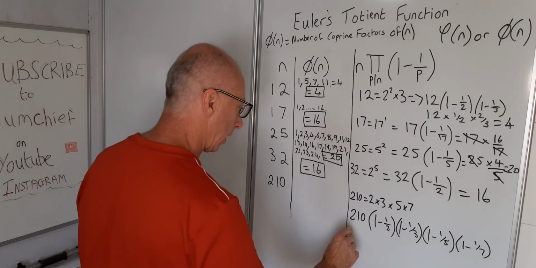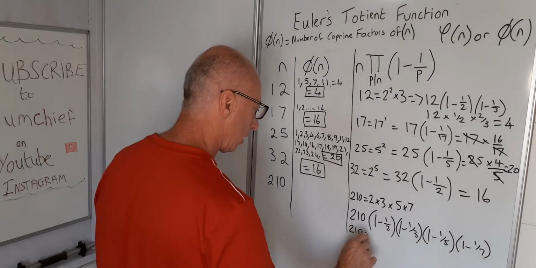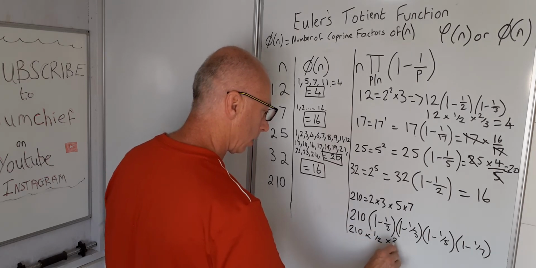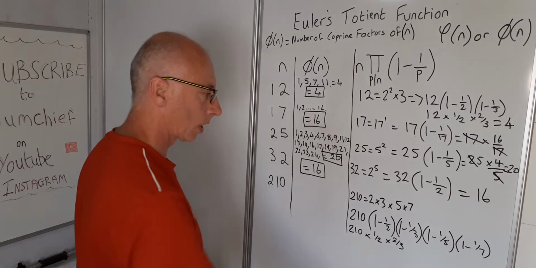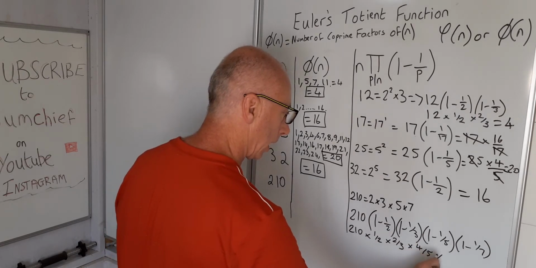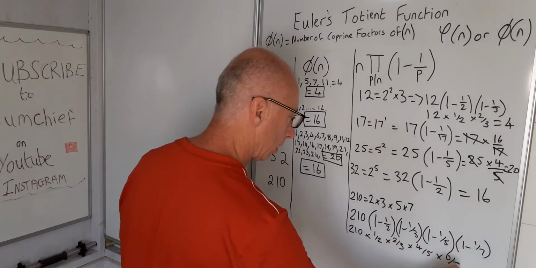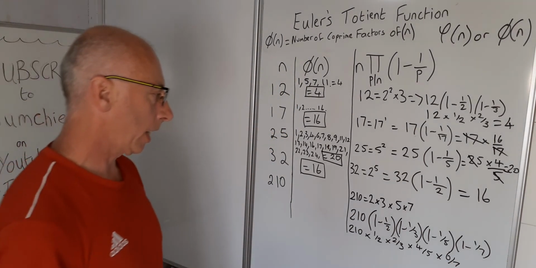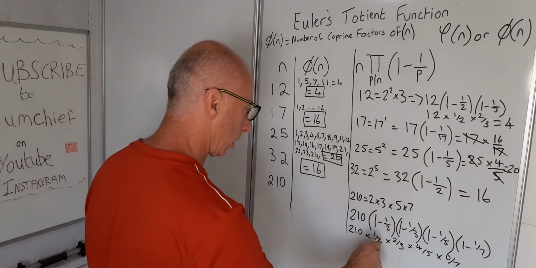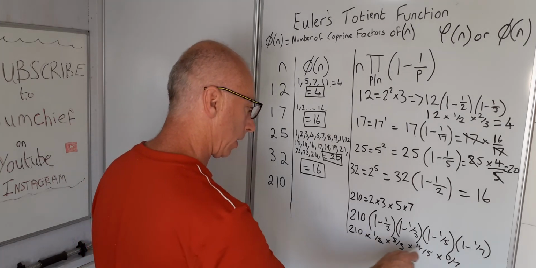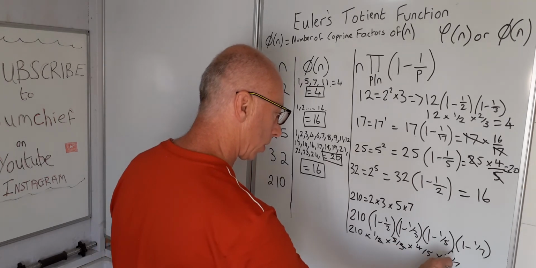Okay, so now that leaves us with 210 times 1/2 times 2/3 times 4/5 and 6/7. Okay, let's see if we can do any cancelling here. This 2 and this 2 can cancel, that's fine. This 3 and this 6 will cancel, that will just leave us with 2.